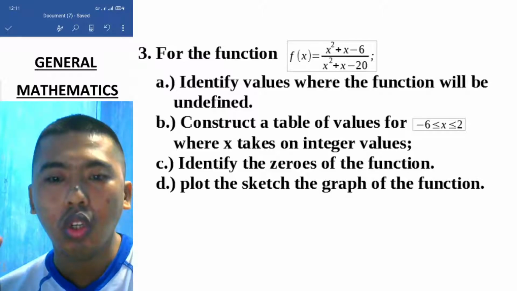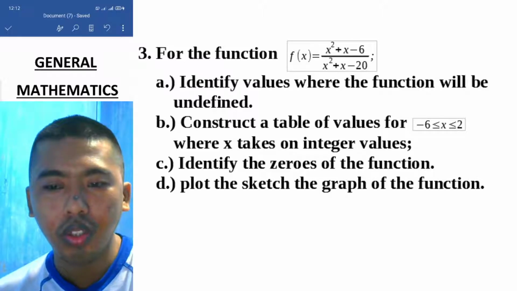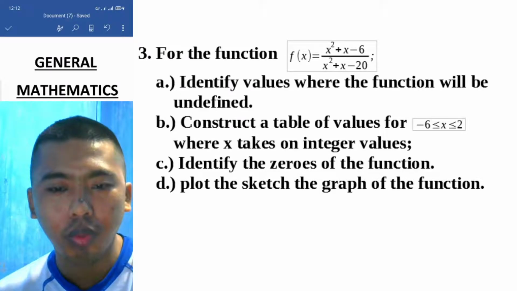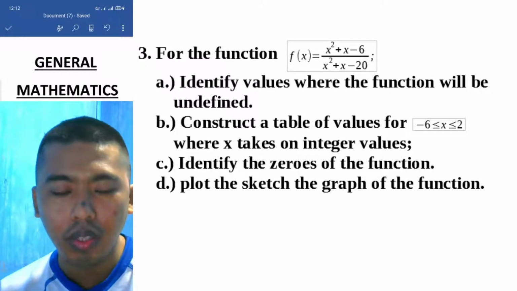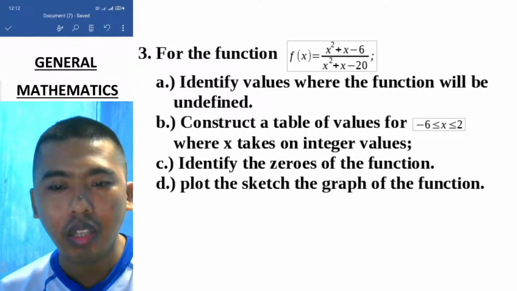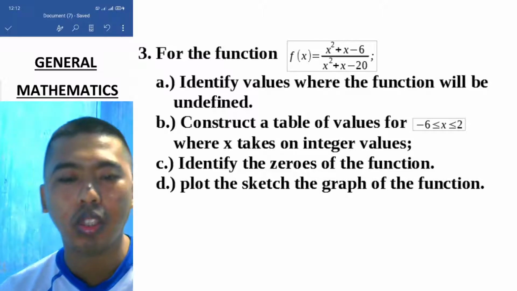Second question, construct a table of values for x is greater than or equal to negative 6 and x is less than or equal to positive 2, where x takes on integer values. Letter C, identify the zeros of the function. And letter D, plot the sketch, the graph of the function.